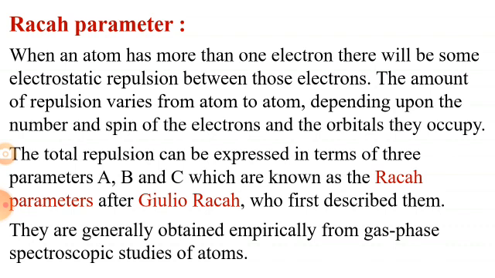The total repulsion can be expressed in terms of three parameters A, B and C. These capital A, B and C are known as Racah parameters, and together they express the total repulsion.